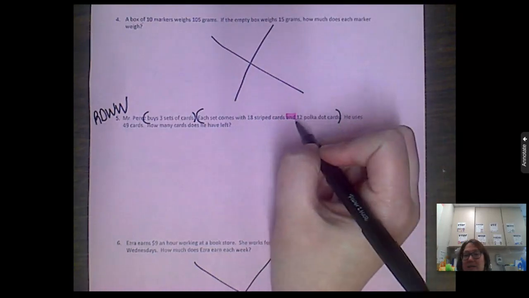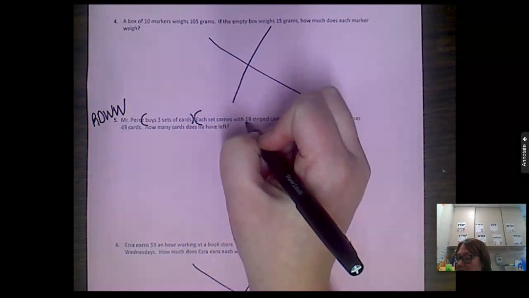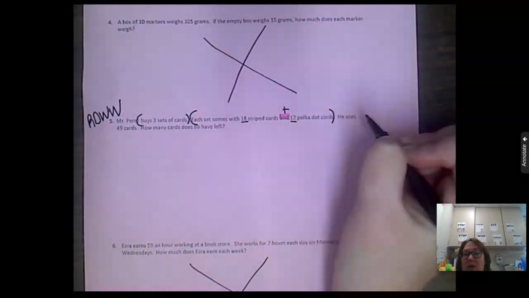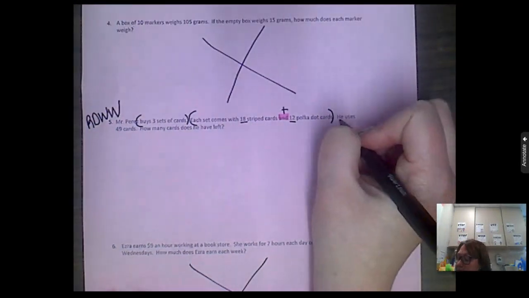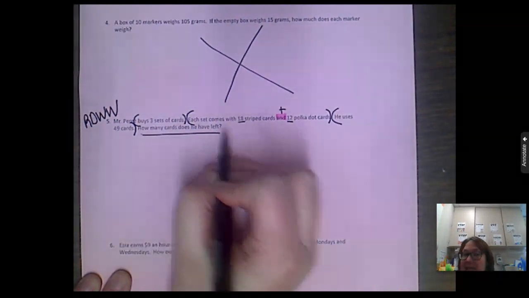So what is this and telling us that we're probably going to do? Add, right? We want to add those 18 striped cards and the 12 polka dot cards. He uses 49 cards. So that's how many he uses of all those cards. And we want to know how many cards he has left.